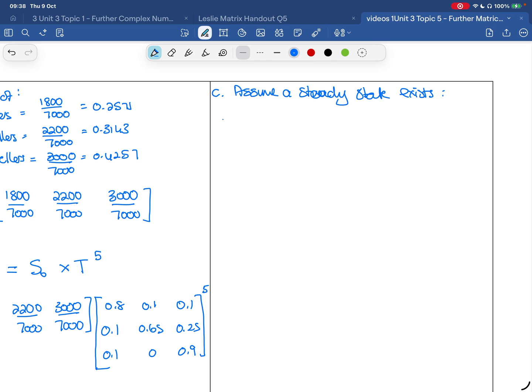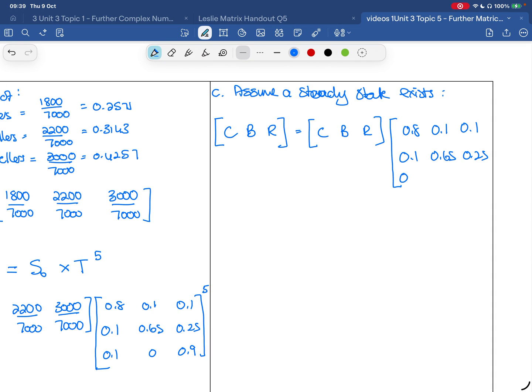Okay, so what it looks like is going to be CBR is CBR multiplied by my transition matrix here. Maybe I should have written the formula down for the steady state.